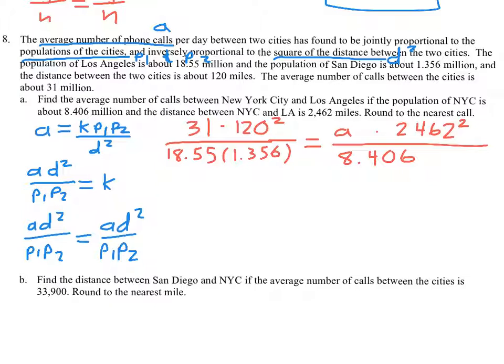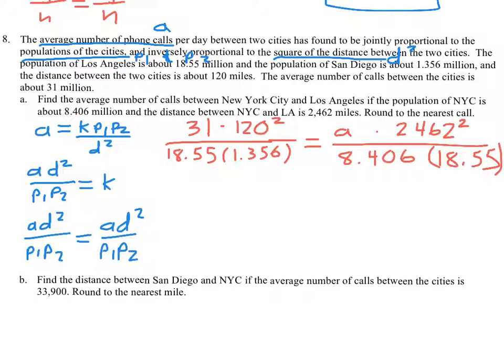Okay, we need the other population, which, since this involves New York and LA, we can plug in 18.55 again. So the first fraction involved LA and San Diego, so we plugged in those two populations underneath. The second set involves LA and New York, so underneath we need the populations of LA and New York. So LA gets used twice.